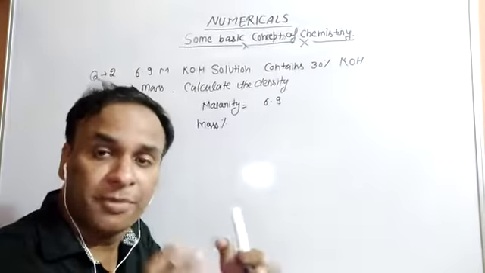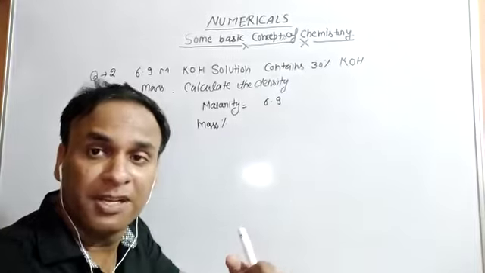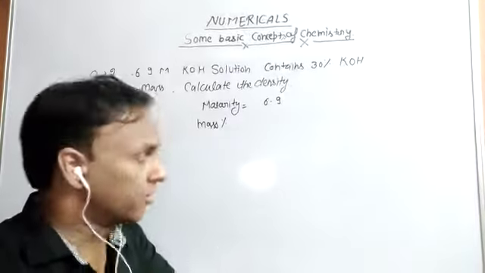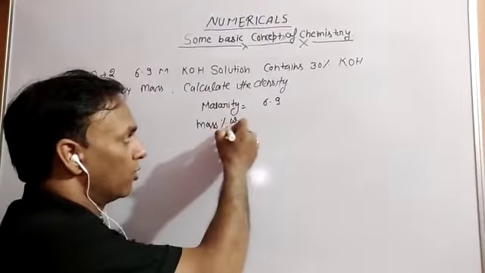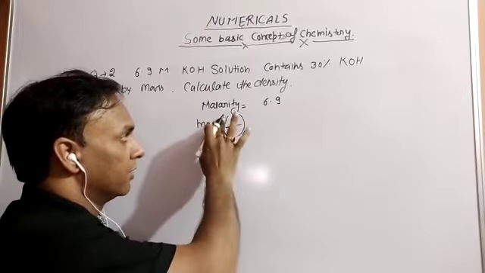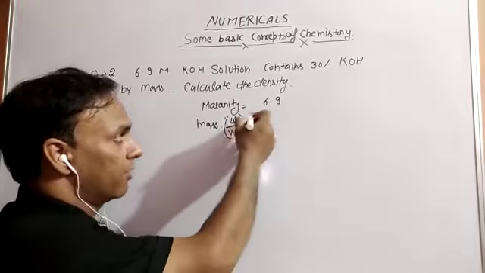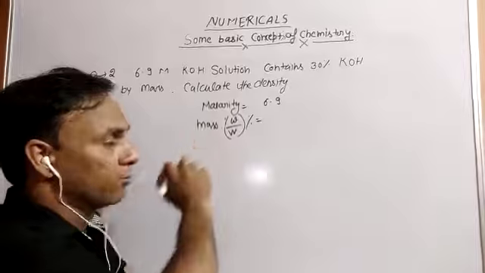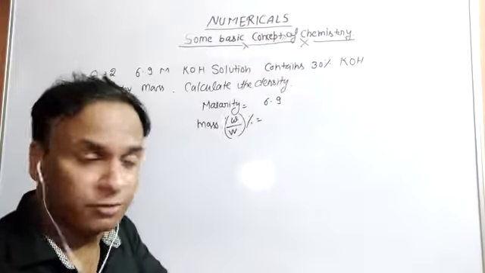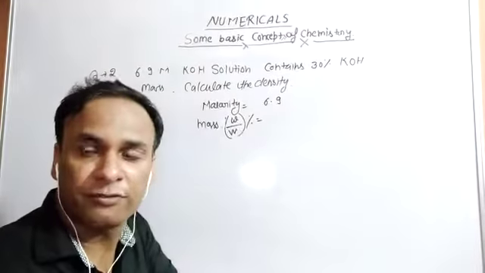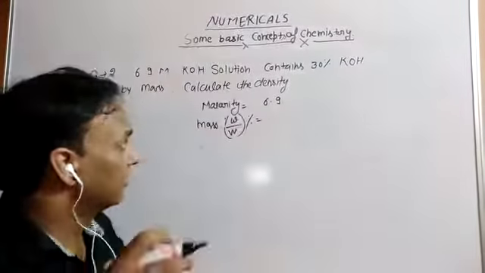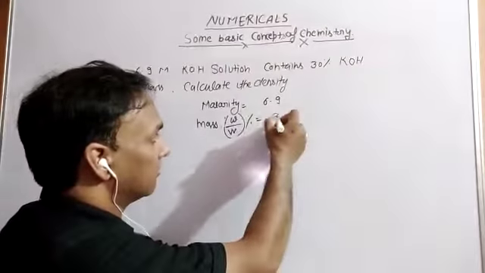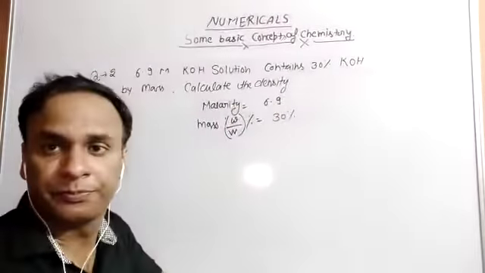the ratio of mass of solute and the mass of solution. Listen here, small w and capital W. It is represented by small w upon capital W percent. Small w stands for mass of solute, while capital W stands for mass of solution. Clear? The mass percent is given as 30%.